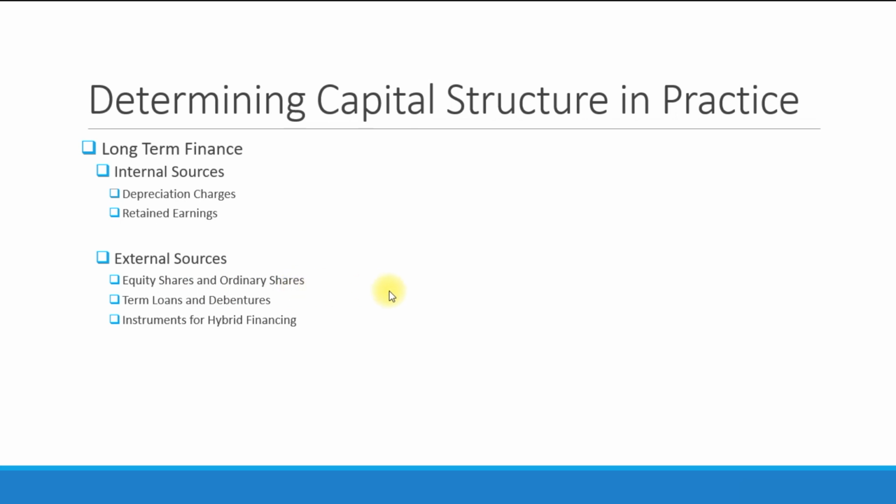Equity shares and ordinary shares. Equity share capital is also called ordinary share capital since, in contrast to preference shareholders, they have no preferential or prior rights in regard to income or its redemption. As the need for financing increases for a company, it first issues equity capital to its promoters.